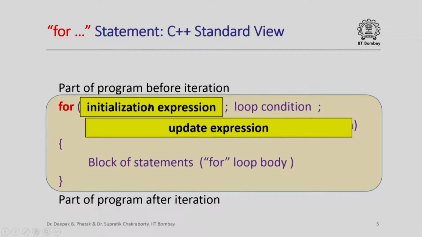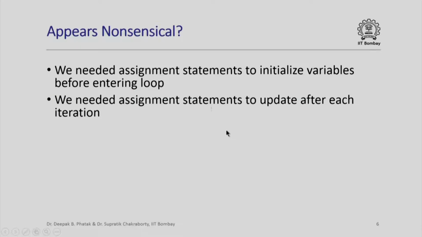We wanted to do some initialization over here. For that we needed some statements, but the standard says that we must have an expression here, and here also we wanted to execute some instructions at the end of every iteration, but the standard says that we must have an expression here. So does this appear nonsensical? We needed assignment statements both for initialization and update, but the standard says that we must have expressions there.